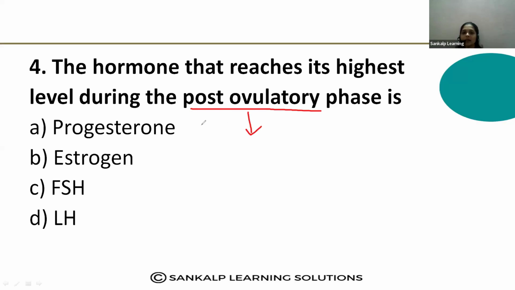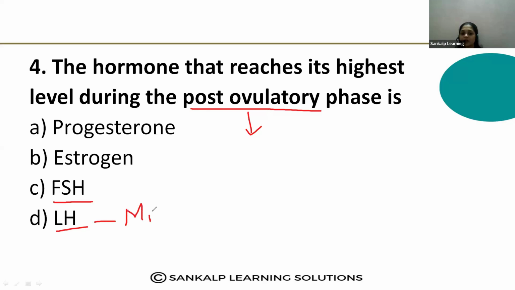So after ovulation, which of the hormones reaches its highest? Progesterone, estrogen, follicle stimulating hormone and luteinizing hormone.